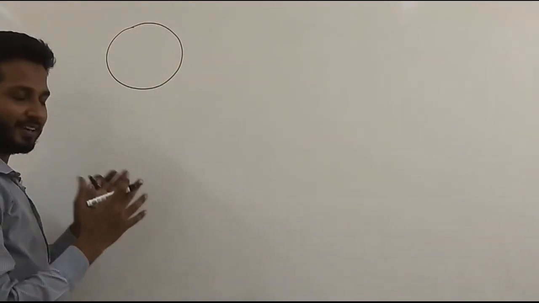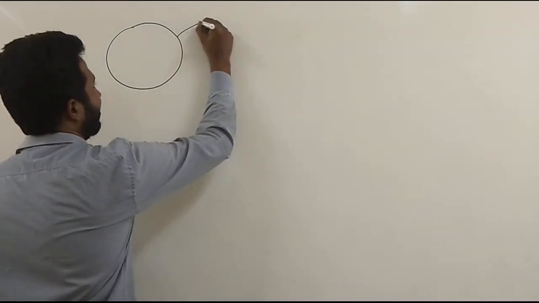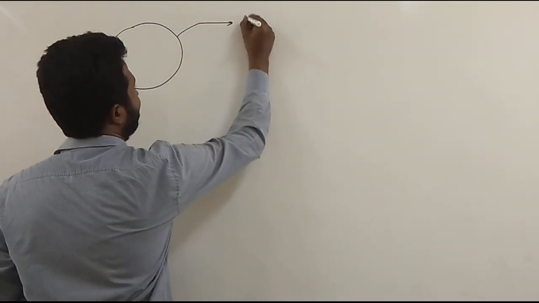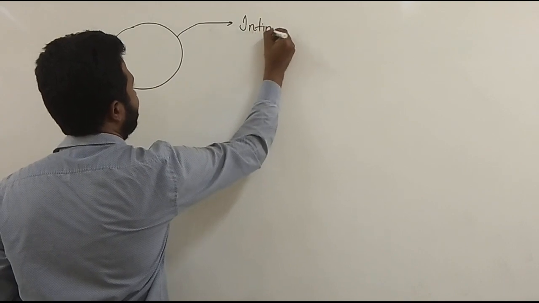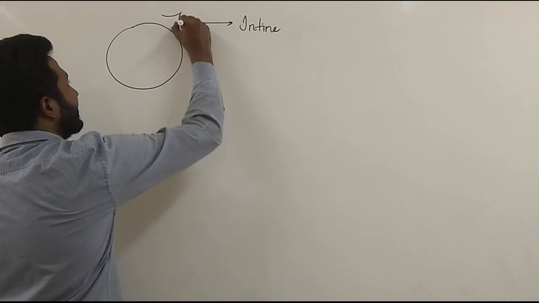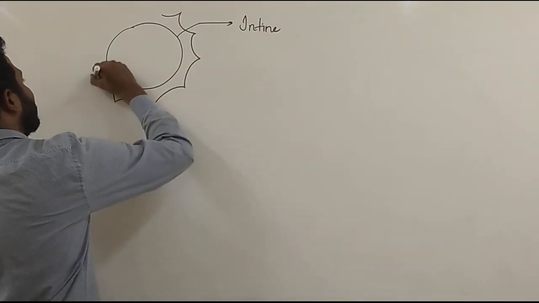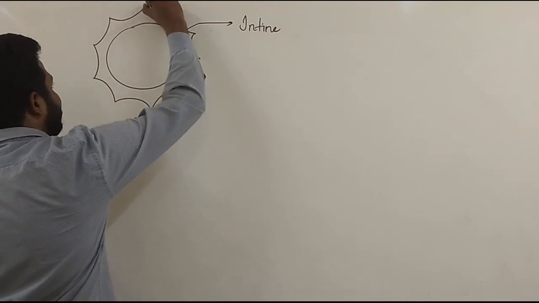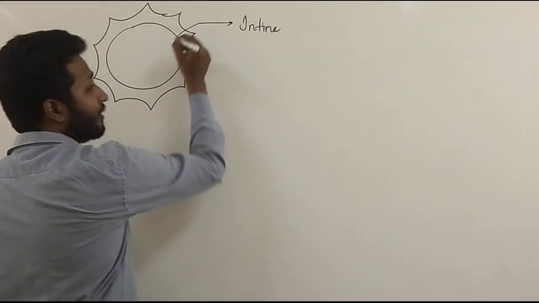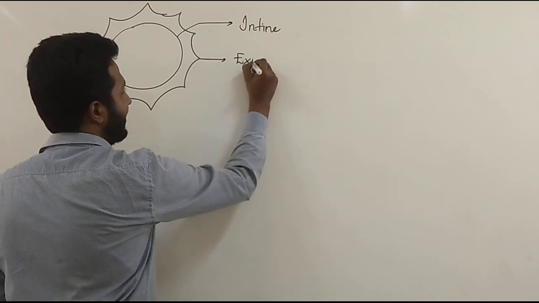The inside layer is known as intine, like the moon. And the outer wall layer looks like a sun. So the inner wall layer is known as intine, and the outer wall layer is known as exine.